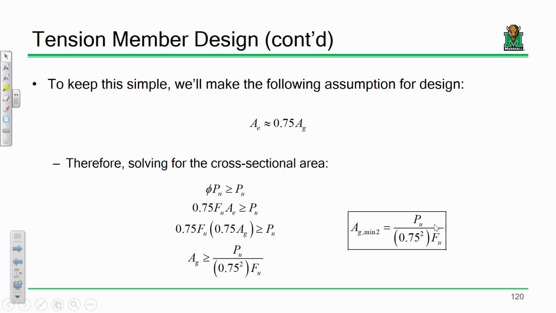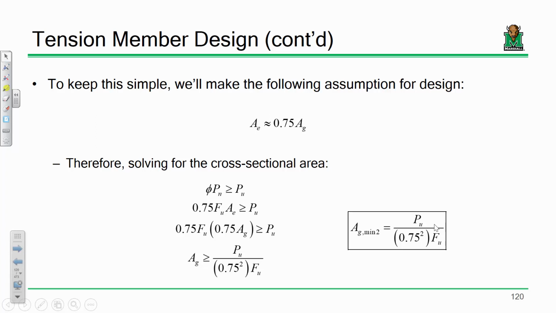We're going to assume that the effective net area is 75% of the gross area. I'm doing that so I can come up with an equation I can solve for, something simple. Okay? So it's 0.75 squared because there's two 0.75s. One is our phi value and the other is an assumption.